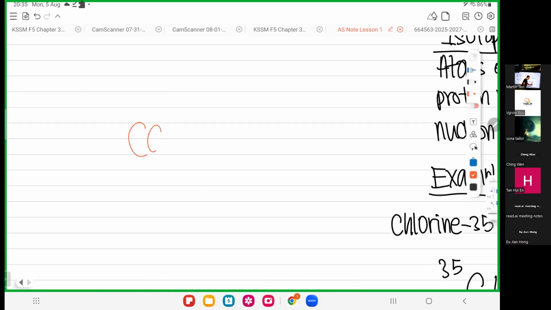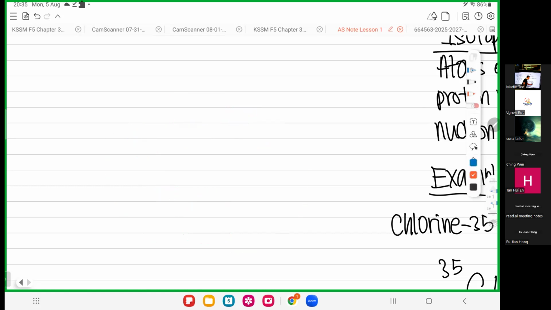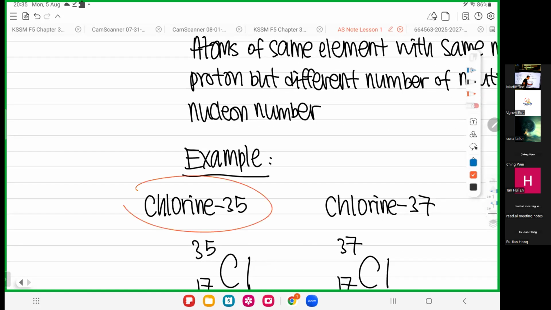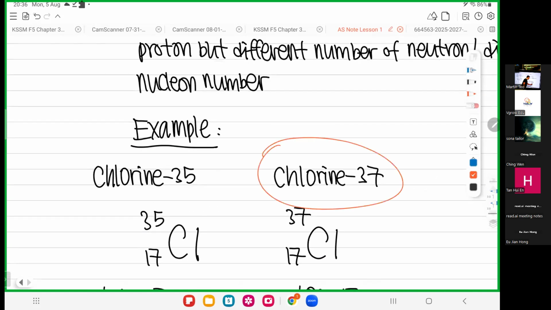For example, if they write carbon 14, it means this carbon's nucleon number is 14. So chlorine 35 means 35 is the nucleon number. Chlorine 37 means 37 is the nucleon number.